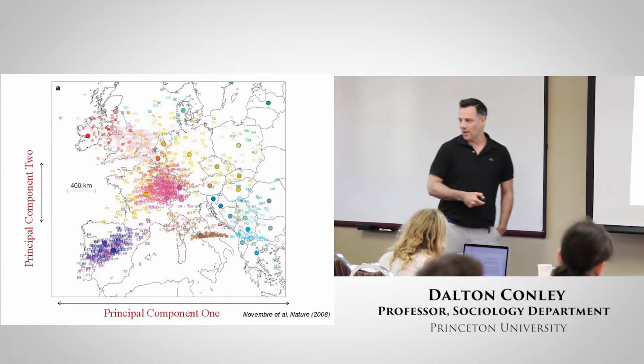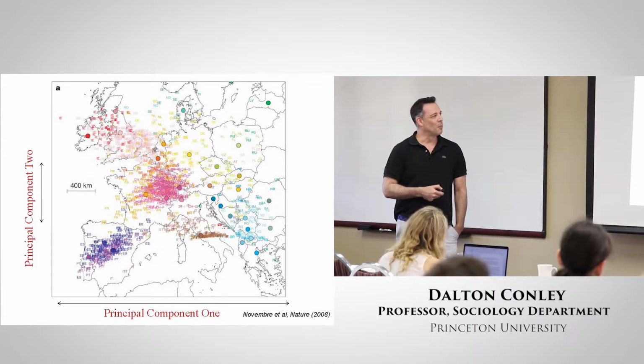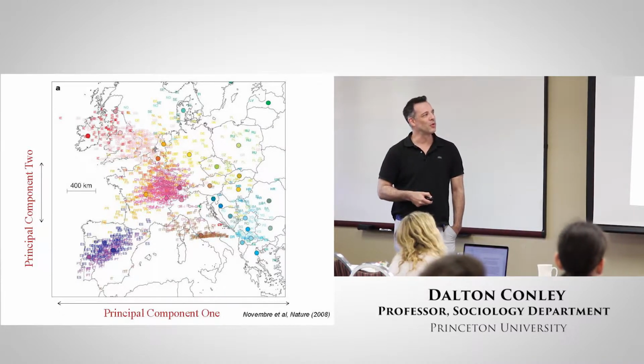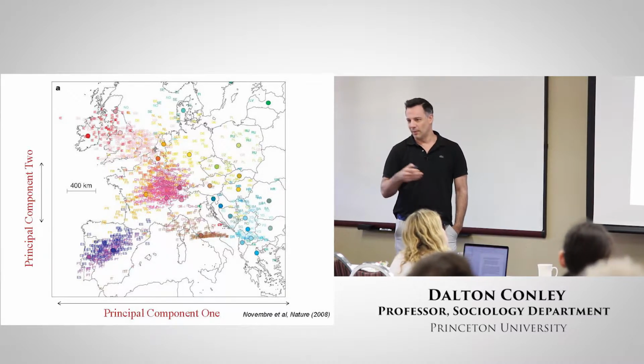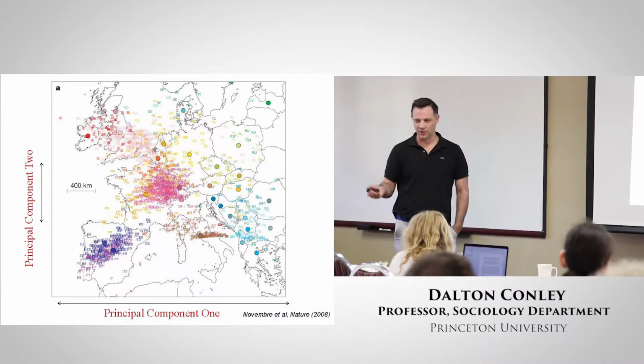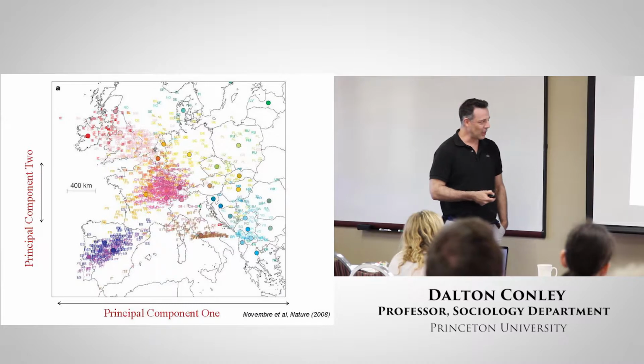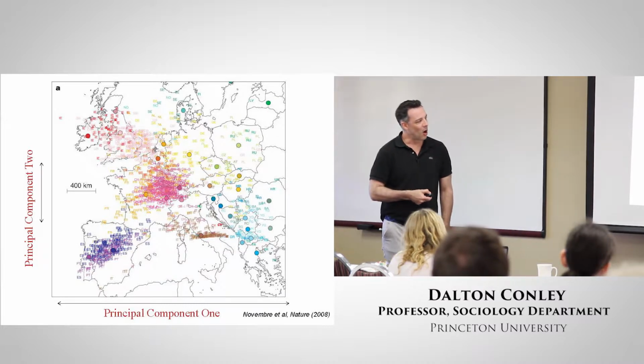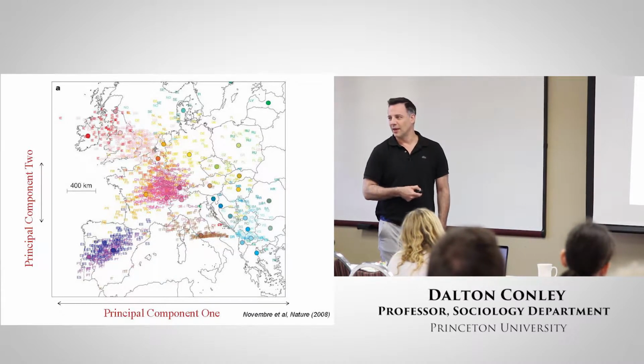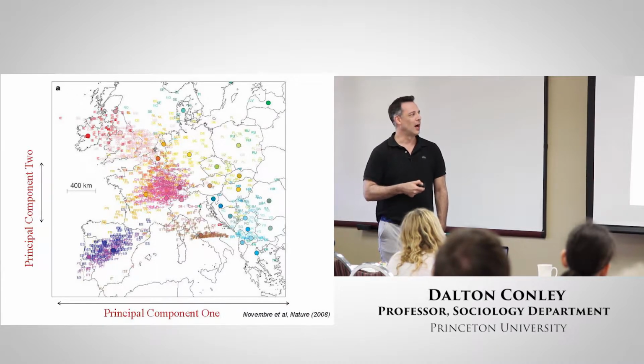There's another paper that came out around the same time, and basically on two principal components, and you're going to talk about principal components construction later, right? You can basically almost perfectly predict the ethnicities or the national origins of a pan-Western European sample of respondents.